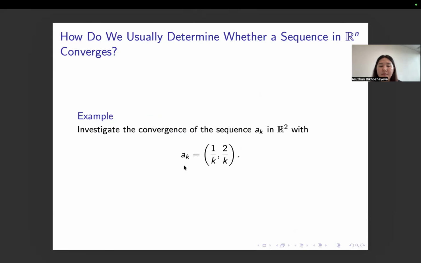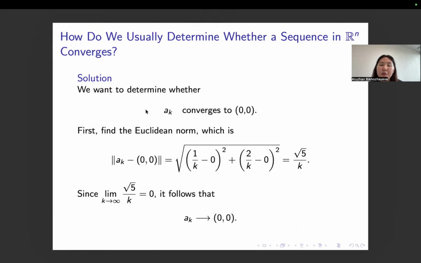Consider the sequence AK, which is 1 over k and 2 over k. Looking at the coordinates, we might already expect that the limit will be 0, 0. However, we still need to verify this using our Euclidean norm. First, we guess that our limit will be 0, 0, and then we calculate the distance from the sequence of points AK to the suspected limit.